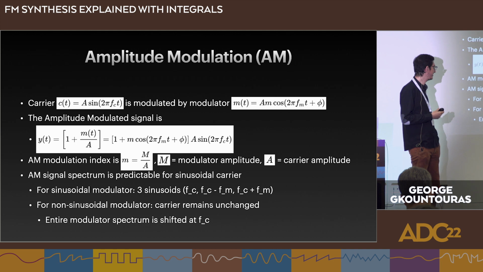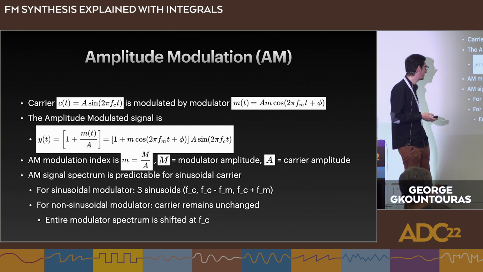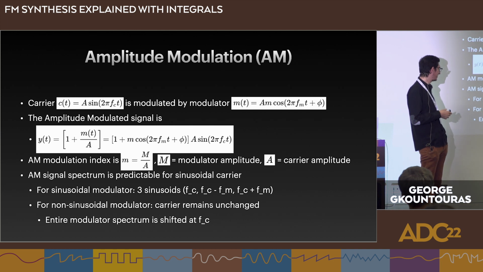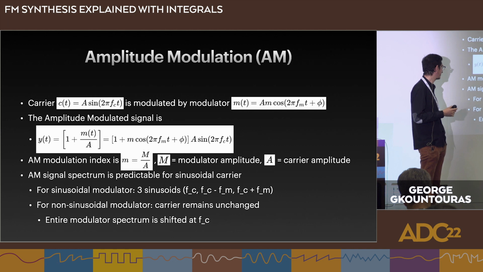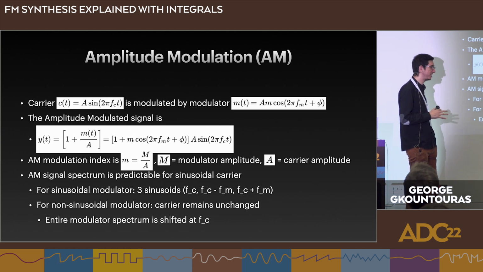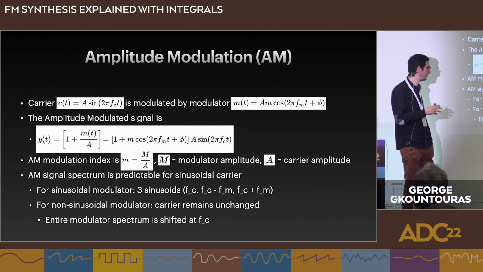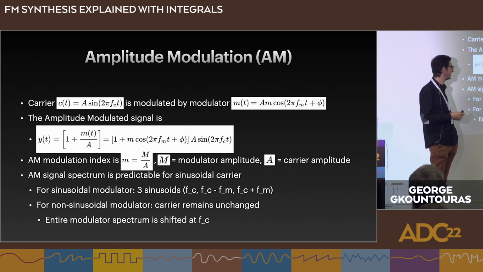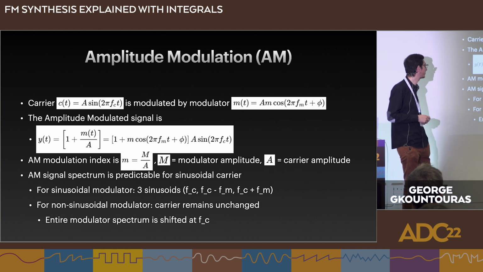For a different signal, let's say we have an arbitrary non-sinusoidal modulator and a sinusoidal carrier, we still get the unchanged carrier, but we also get the entire frequency spectrum repeating. So rather than 2 repeats, we get the entire spectrum of the modulator.